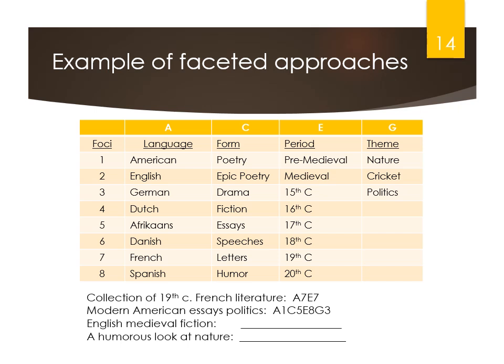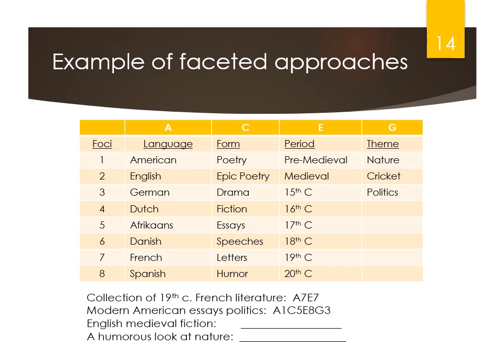This is an example of faceted approaches. As you can see, the potential facets for subject class are already predetermined, numbered 1 to 8, and then the foci with A, C, E, G. Under that, it's language, form, period, and theme. So these are predetermined, but subclass and division are not prearranged.